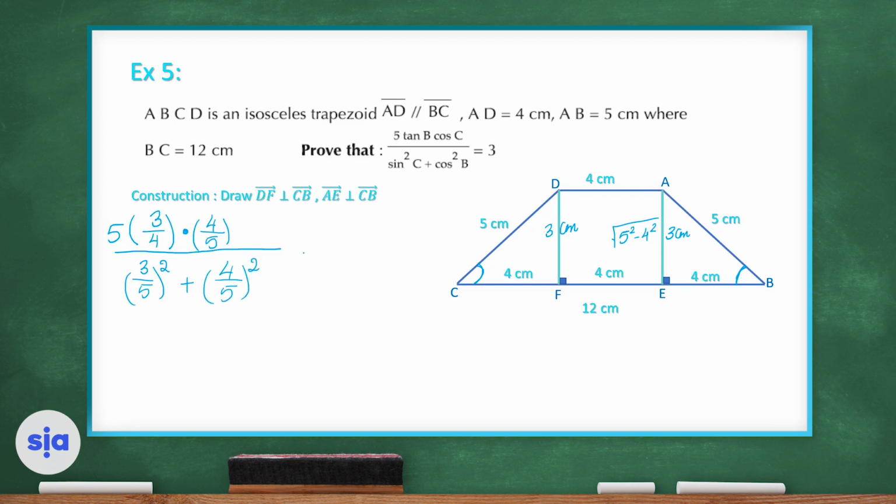If you calculate this on your calculator, the result will be 3. So here we prove that this fraction is equal to 3.